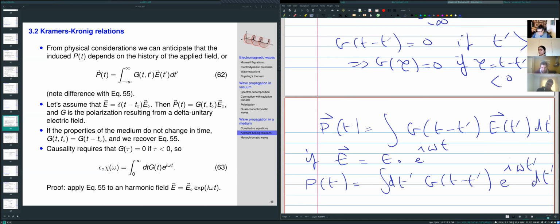And how do I connect this to the susceptibility?